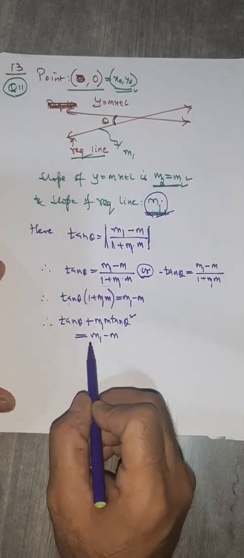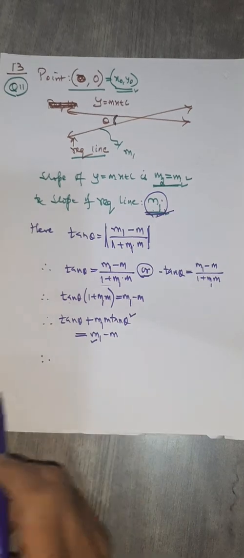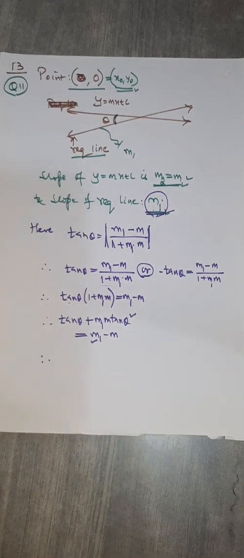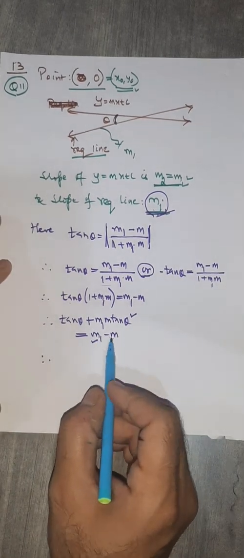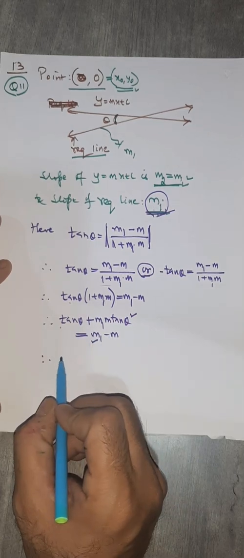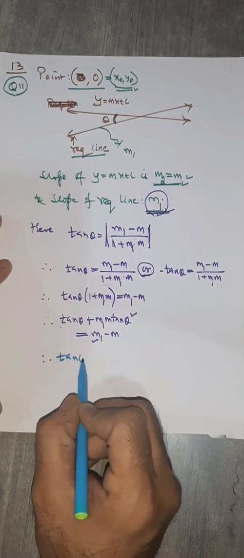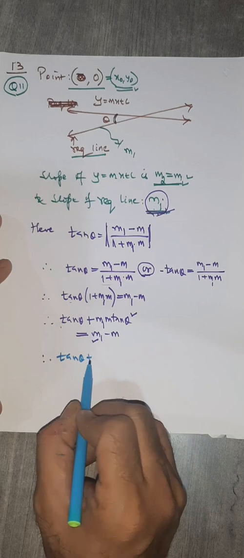So I'll take m1 common from these two. If I take tan theta over here, this is plus m.